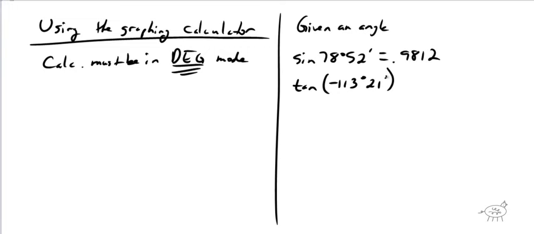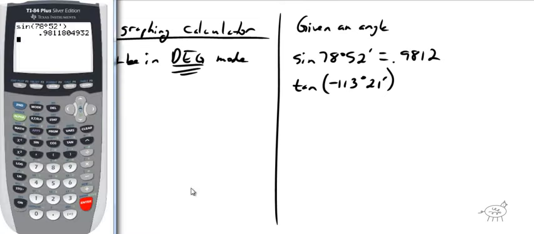Really easy. Now let's do tangent of negative 113 degrees 21 minutes. Just because it's negative, it's no big deal. And it's tangent, so it's really nice because you just type it right into your calculator. Sometimes people get thrown off by the negative, but if I'm finding one of the trig functions of a negative value, you just type the negative in. You don't deal with anything differently.